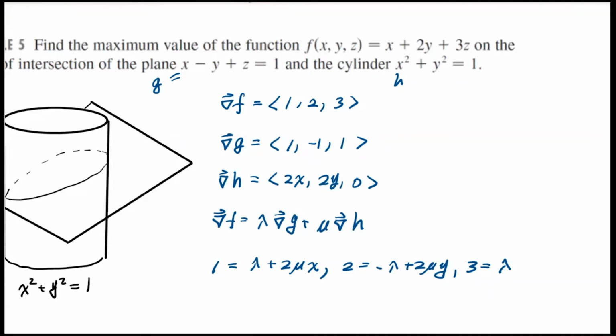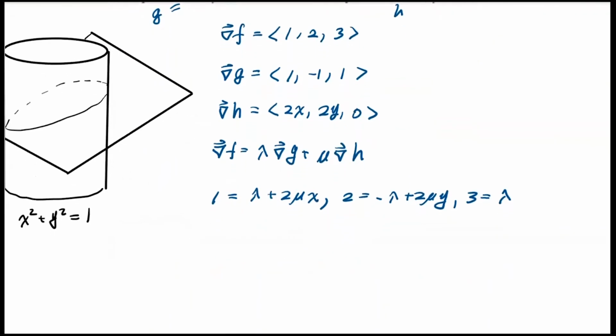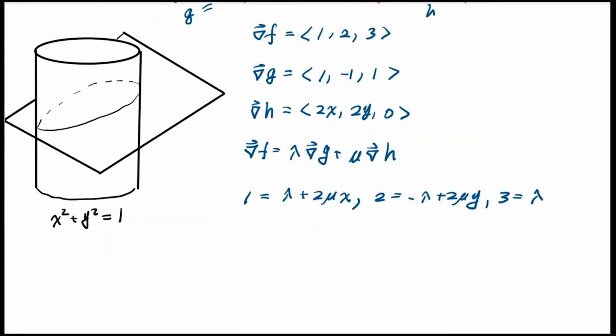Wow, we got lucky because at least we know what lambda is, right? So these two equations simplify quite a bit. Lambda is equal to 3. Okay, so that tells you 2 mu x, so mu x is equal to negative 1. And here mu y, because lambda is equal to 3, right?